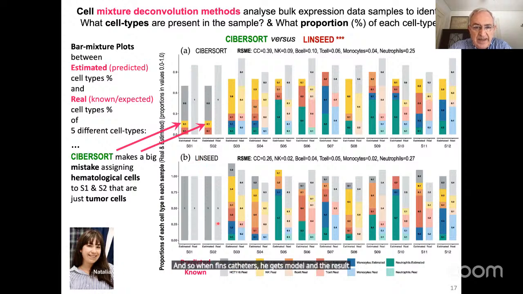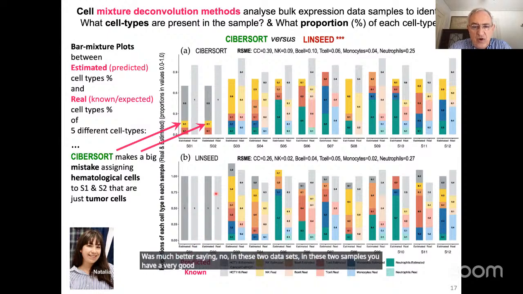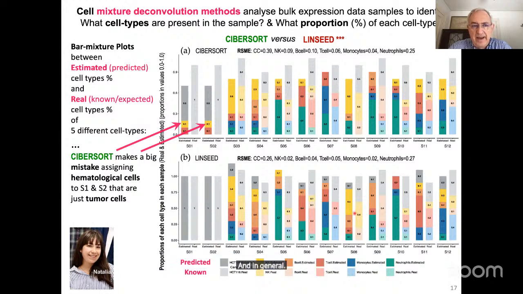For example, Linset in that sense was much better, saying no, in these two samples, you have a very good estimation that there is only one cell type. And in general, the proportions calculated by Linset are better.